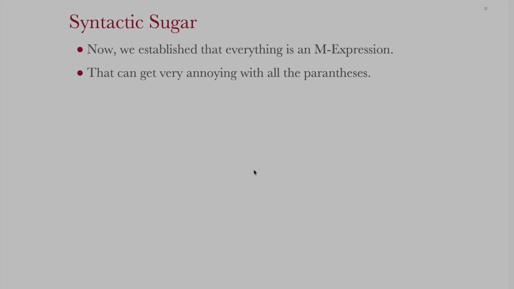So Mathematica offers syntactic sugar, where some expressions can be typed in non-M expression form, but before they go into the evaluator, they are automatically converted into M expression form. This is the part of the transformation that we talked about earlier.